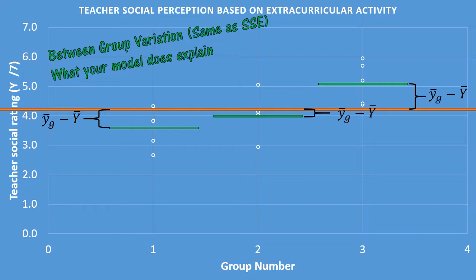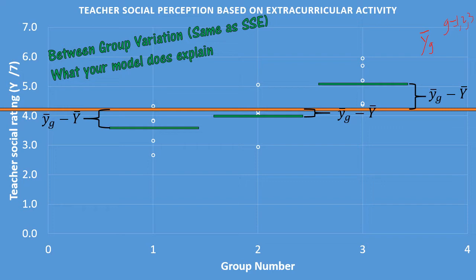Here, I've titled the group means as lowercase y bar with a g, and g in this case could equal 1, 2, or 3. When you calculate these deviations, this tells us, if the groups that people are assigned to is what's determining the variation in the data, how much our model does explain.